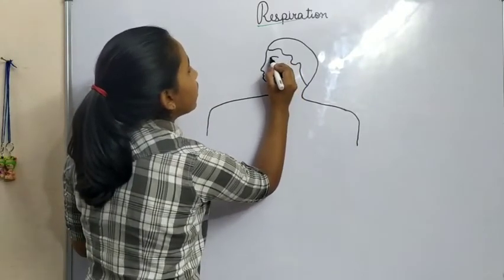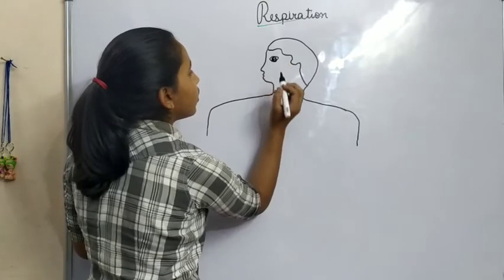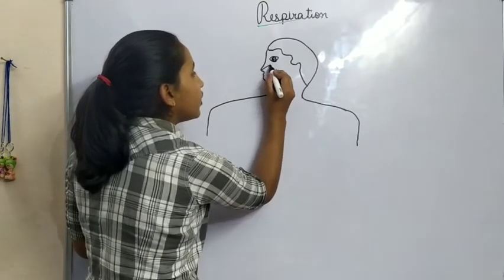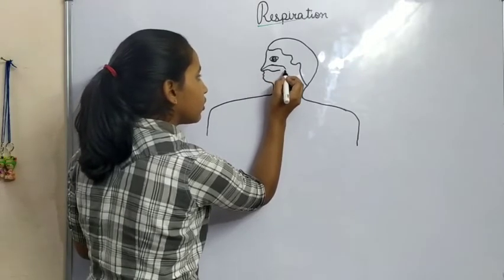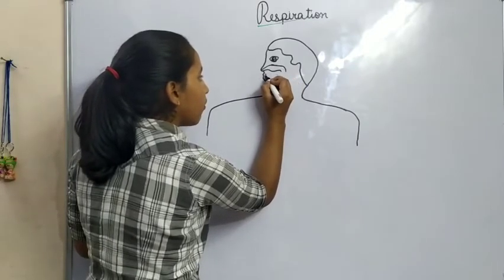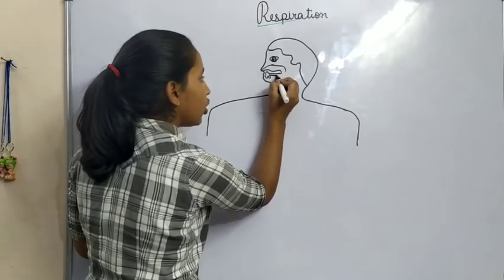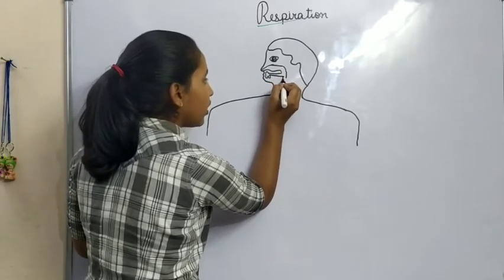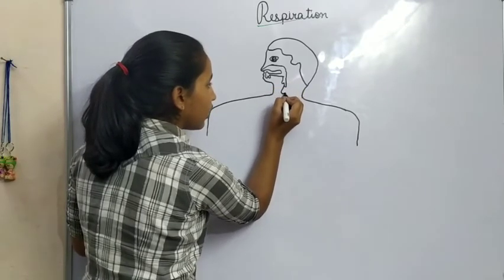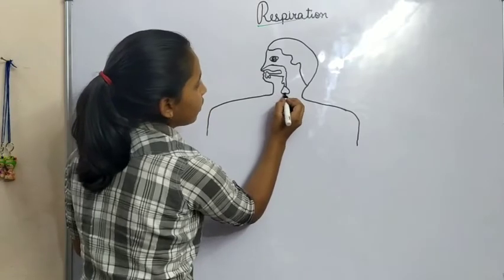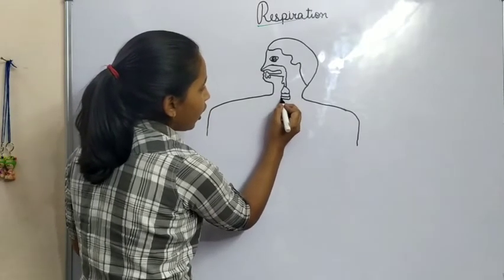Now the eye. From here a tube-like structure, the nasal passage, and the mouth cavity. These will join together, and the common area is the pharynx and larynx. Now we will make the trachea.